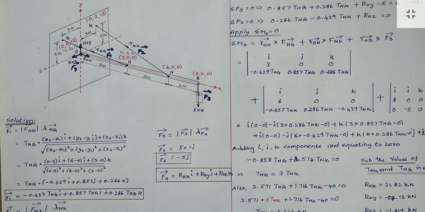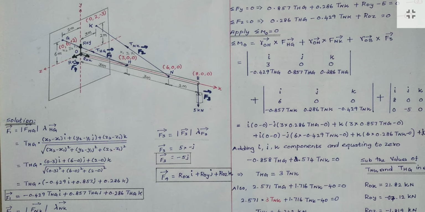So we will find one by one. Force vector 1, force vector 2 and force vector 3. So force vector 1 means modulus into lambda. Force vector 1 modulus value is tension HG into lambda HG vector, right? So H point x1, y1, z1, G point x2, y2, z2.